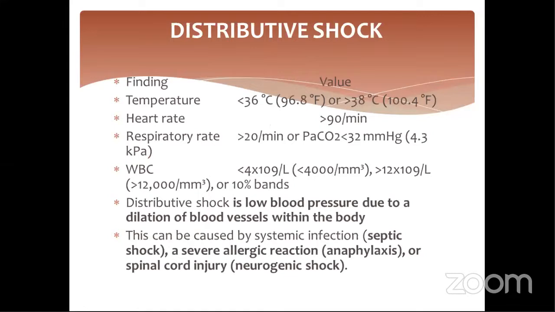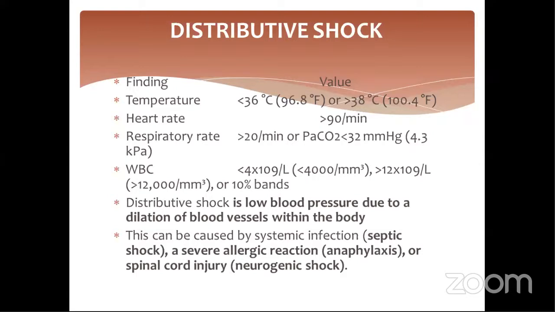Next is distributive shock. Distributive shock always has low blood pressure due to dilatation of blood vessels within the body, and these are the main readings: temperature less than 36 degrees or more than 38, heart rate more than 90, respiratory rate more than 20 per minute, and WBC less than 4,000 or more than 12,000, or 10% bands present.